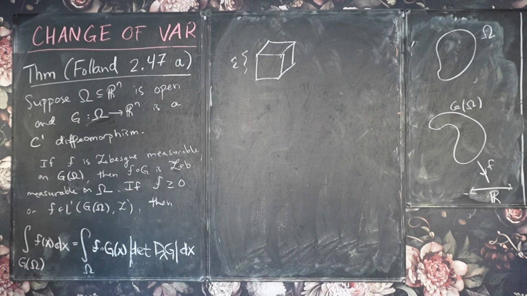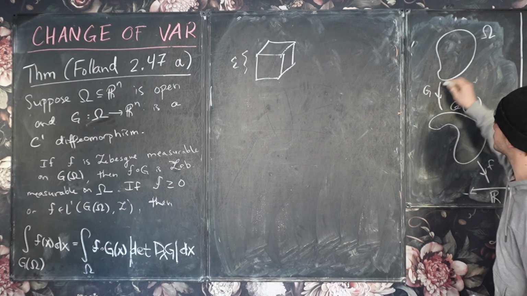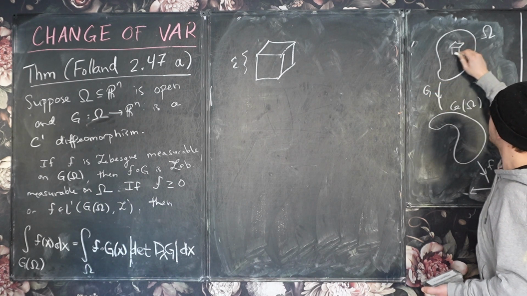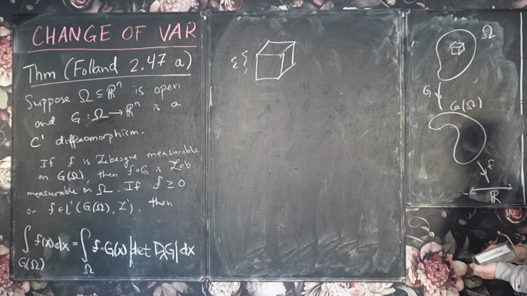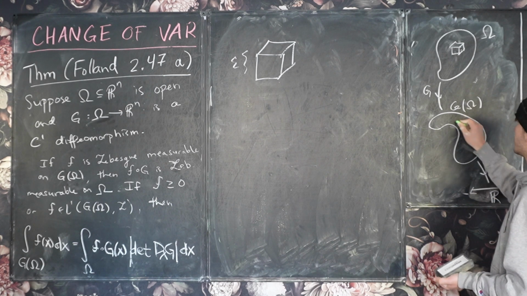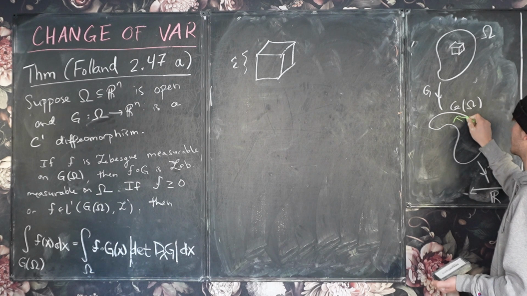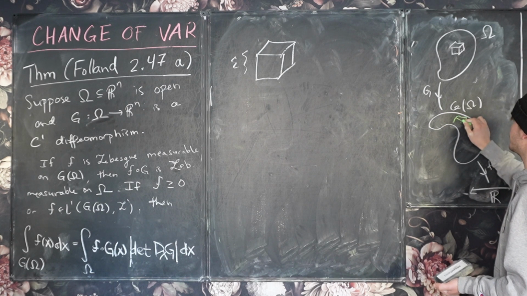We have this mapping G here, and we understand how it affects a small cube in omega. It's going to send that small cube to approximately something which we can estimate to be a parallelepiped.